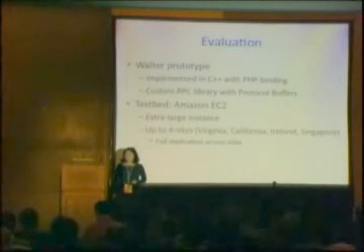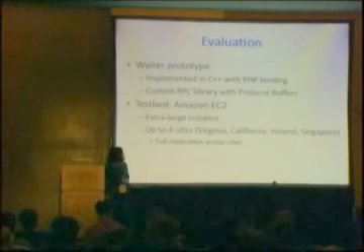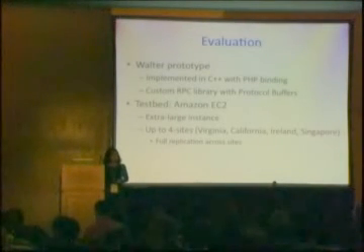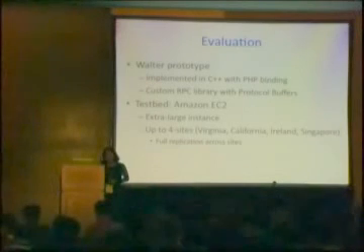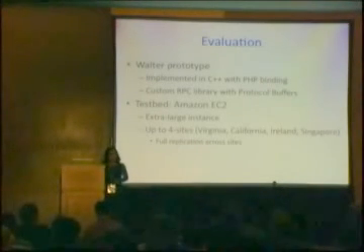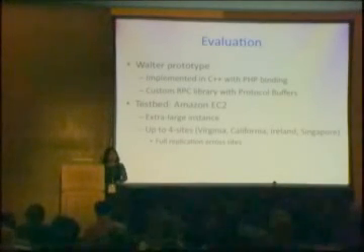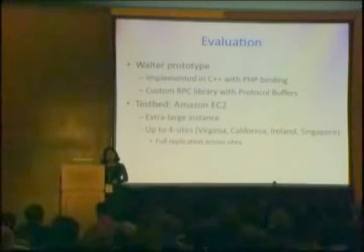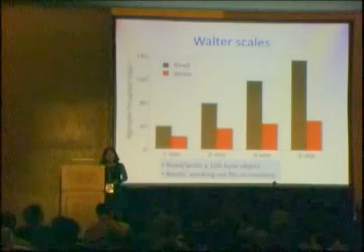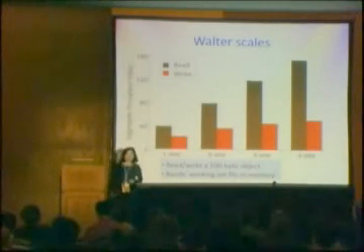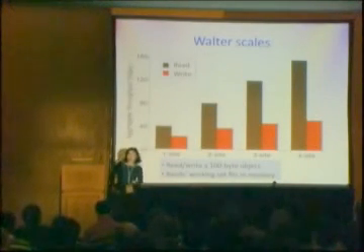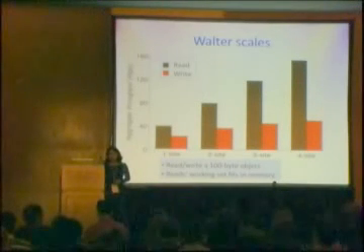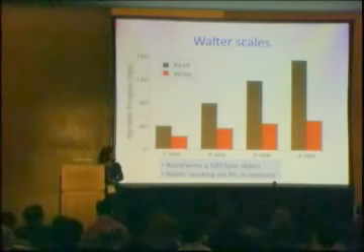Okay, now let's see some numbers. We have implemented Walter in C++ with PHP bindings, so it's easy to develop web applications on top of Walter. Our experiments run on Amazon EC2 with up to 4 sites in different availability regions. In the first graph, I'm going to show you how Walter scales. On the x-axis are the different numbers of sites running this experiment.